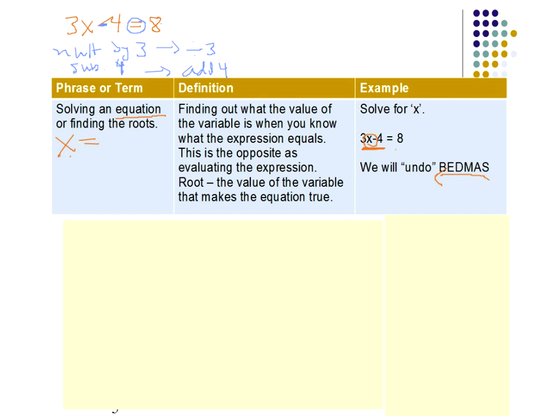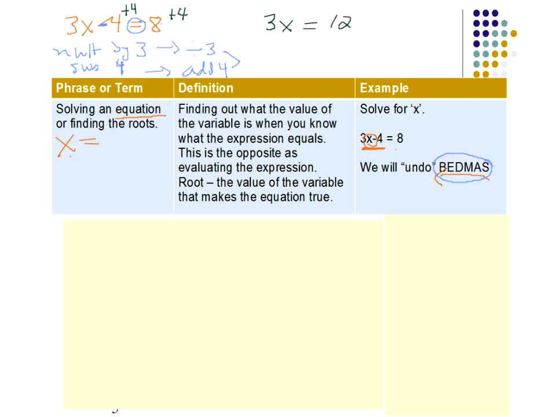So I'm going to undo both of these, but I have to do it in this backwards order. So I'm going to start with my addition and subtraction. I see that I'm subtracting 4. I'm going to undo that by adding 4. If I do it to this side, I have to do it to that side. And so I have 3x minus 4 plus 4 is 0, so I just have 3x on that side.